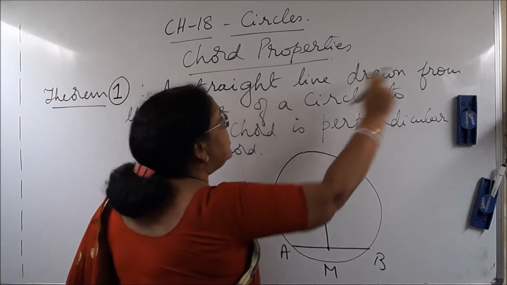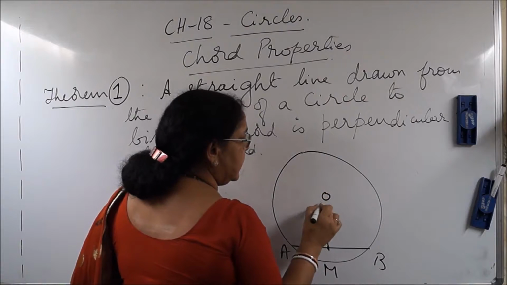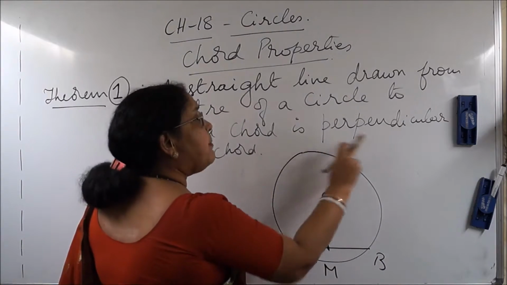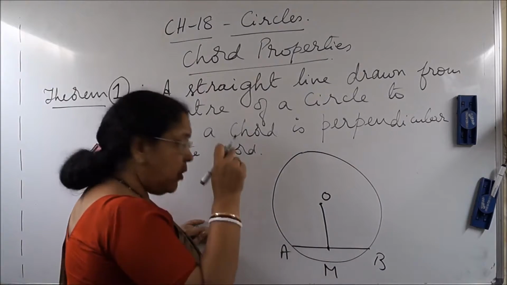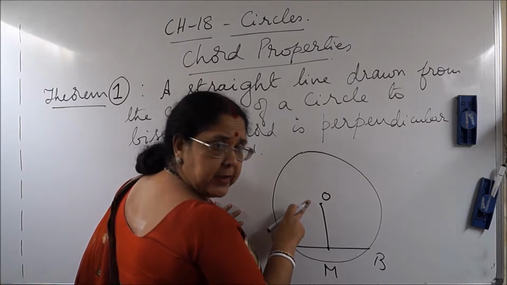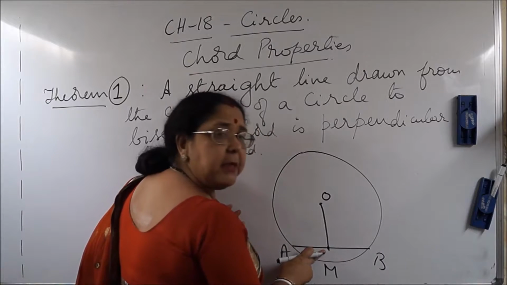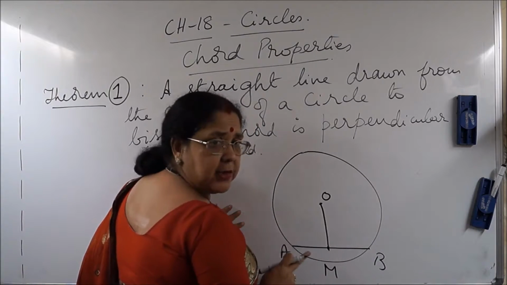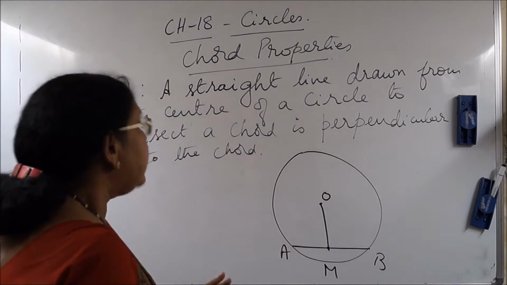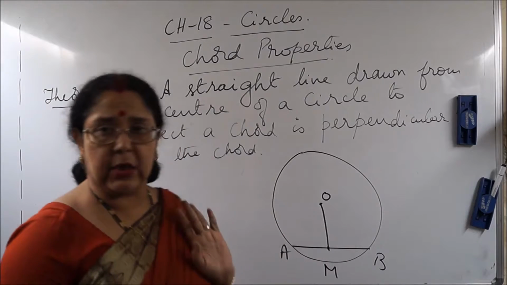A straight line drawn from the center of a circle to bisect a chord is perpendicular to it. So according to this, if a straight line is drawn from the center of a circle joining the midpoint of a chord, it will be perpendicular to it. That is what we will prove, and this is true in any circle.